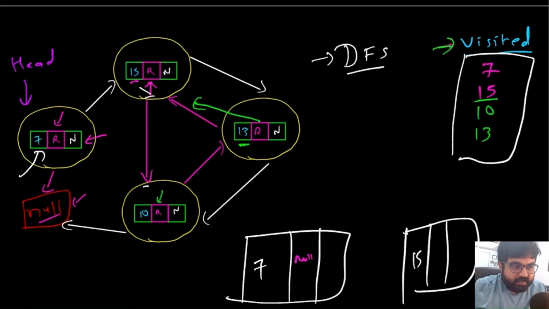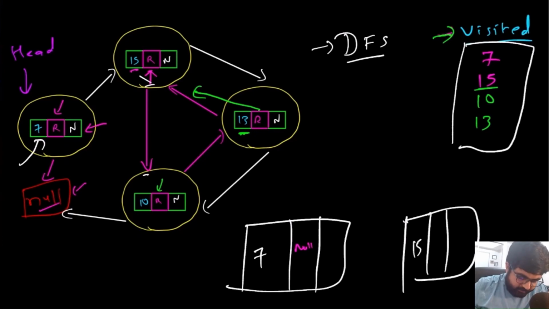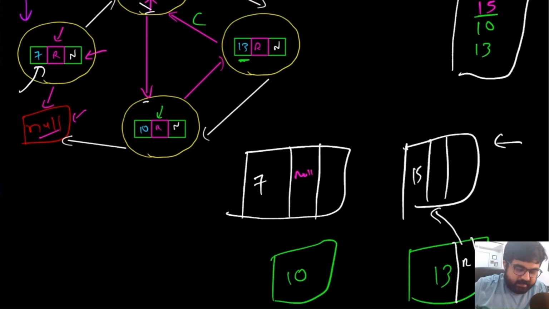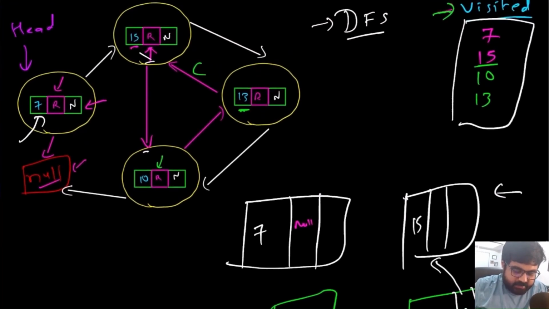So we need to break out from there. We do not get ourselves involved in this one, because we have already created a copy of 15. So rather than creating a new node for this particular random node, we will simply point it towards the 15 that we had already created. And that is how everything is going to work.